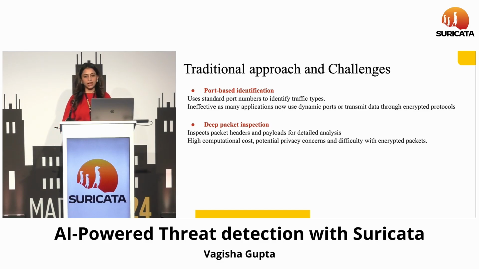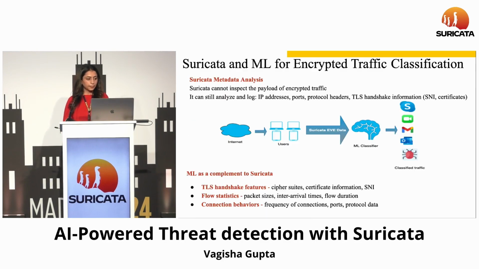The second is deep packet inspection. In port-based, you only use standard port numbers. In DPI, you inspect the packet headers and the payload for detailed packet analysis. It can have a high computation cost, and it can also be tricky with encrypted packets.